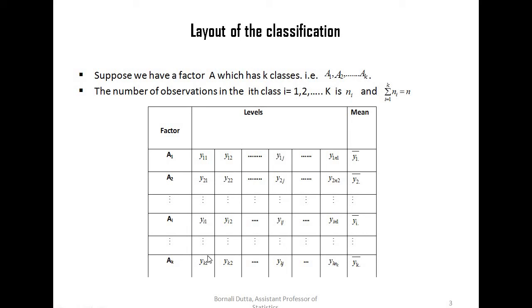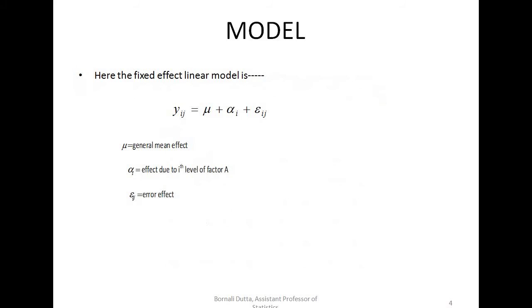Similarly, yk1 represents the first observation in the kth class, yk2 represents the second observation in the kth class, ykj represents the jth observation in the kth class, and yknk represents the nkth observation in the kth class, and yk dot bar represents the mean of the kth class.